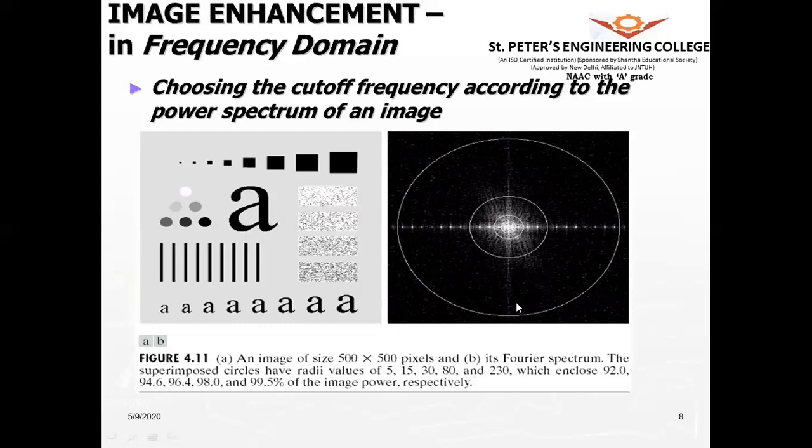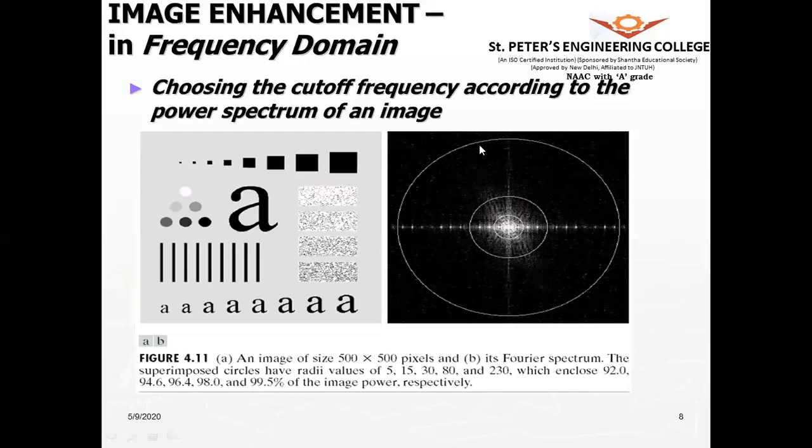So the smallest circle of radius 5 encloses up to 92% of the power spectrum and of the input image power in this spectrum. And the second circle, which is of radius 15, it encloses 94.6%.